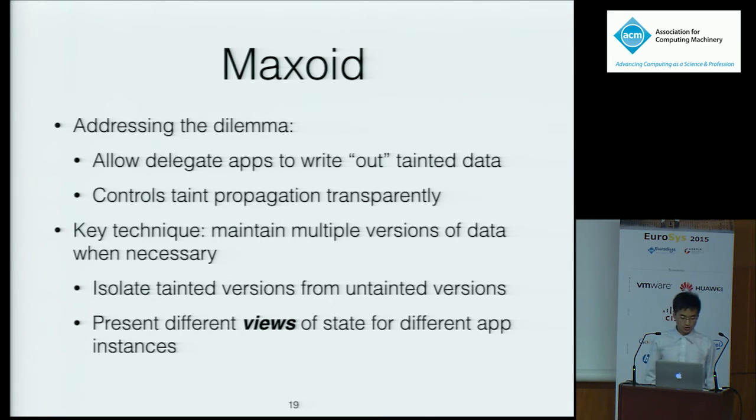But it also controls taint propagation in a transparent way, such that tainted data will not affect unrelated apps. So the key technique is that when necessary, Maxoid creates multiple versions of data and isolates tainted versions from untainted versions. Then it presents different views of state for different app instances to make the confinement transparent.